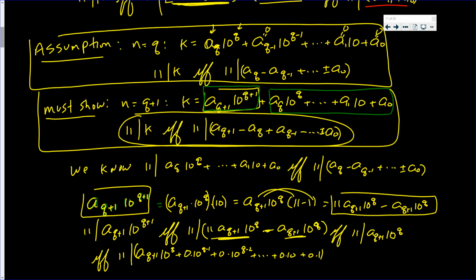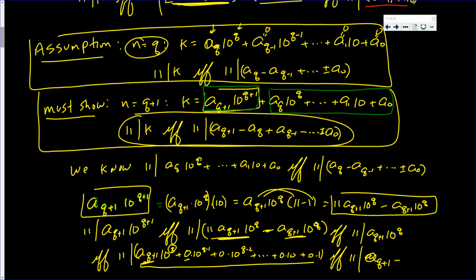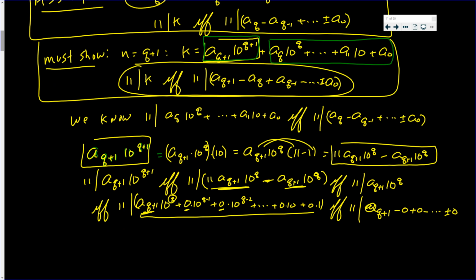But the highest power is only q now, and we assumed that whenever it's q, 11 is going to divide this number if and only if 11 divides this coefficient, a(q plus 1), minus that coefficient plus that coefficient, all the way down to plus minus the last coefficient. But that's if and only if 11 divides a(q plus 1).